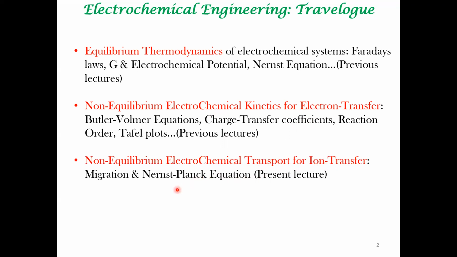And the central equation here is the Nernst-Planck equation, which we will look at in the next lecture. But the central mechanism which we'll present in this lecture is that of migration. This qualitative discussion will lead to the more quantitative equation presented in the next lecture.